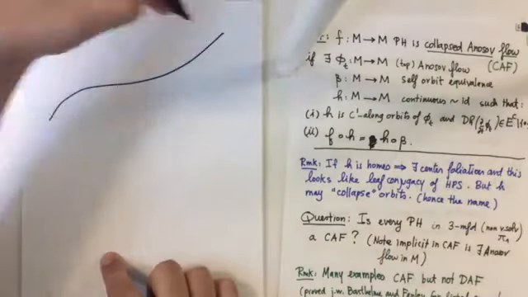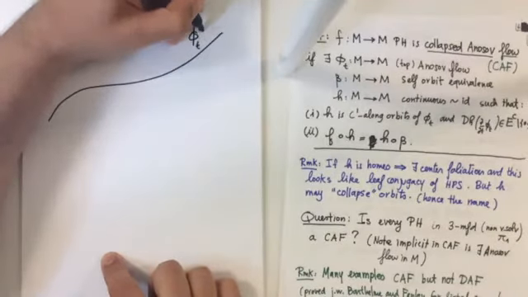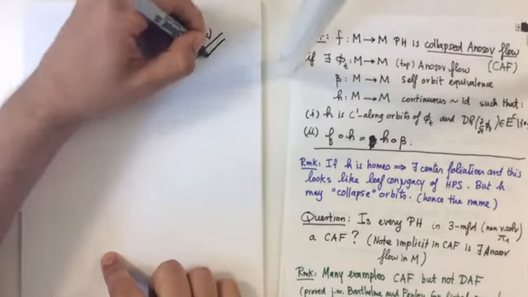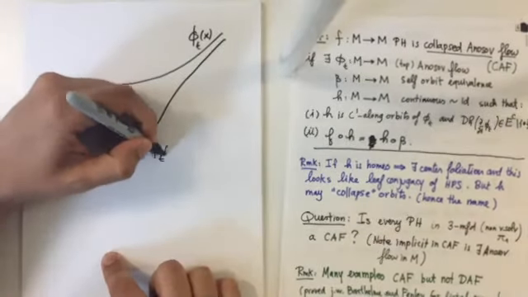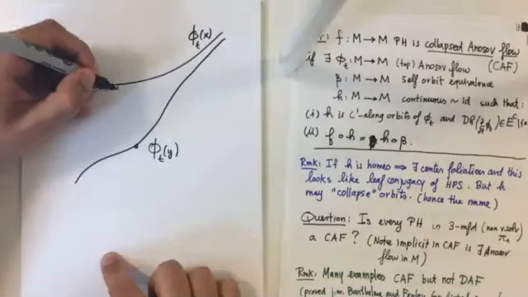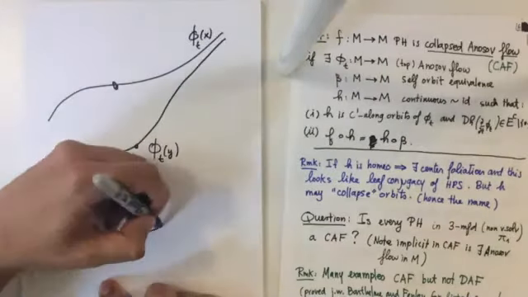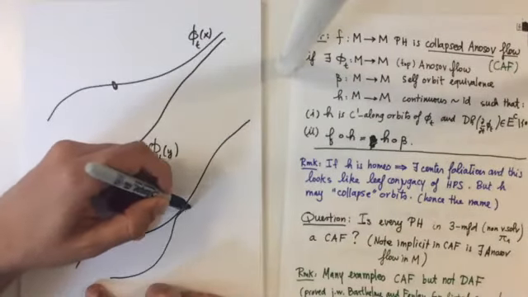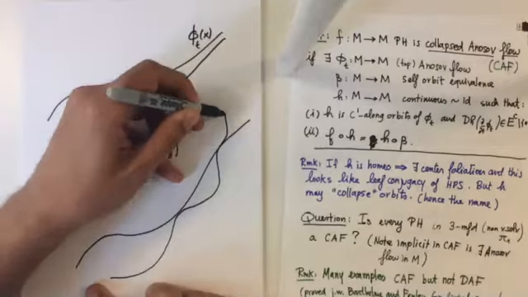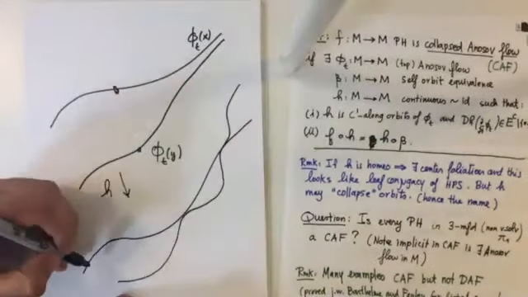So you could have one flow line here and another flow line here. And the map h could do something like this. So this is like h.